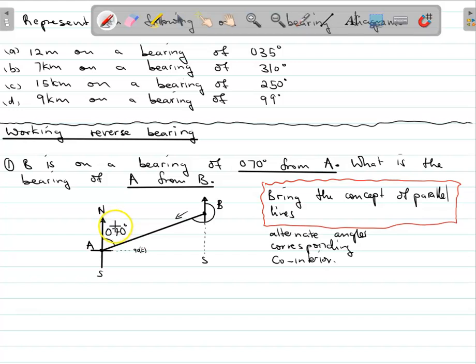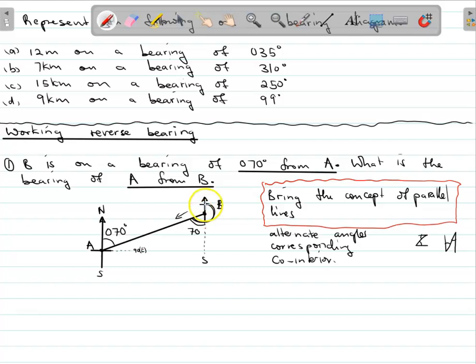So we remember the concept of Z angles, or alternate angles. You can see that this angle is alternate to this, so by the alternate angles concept, this angle is 70 degrees.